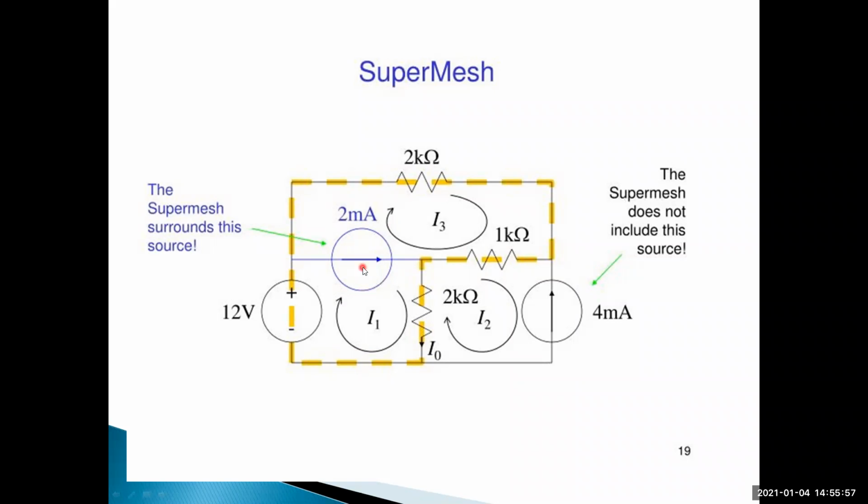So we get the super mesh equation by removing this source. Understood the concept? Three meshes, that's why we will get three equations for I1, I2, I3. First equation, I2 is equal to minus 4 milliamps, is completed.